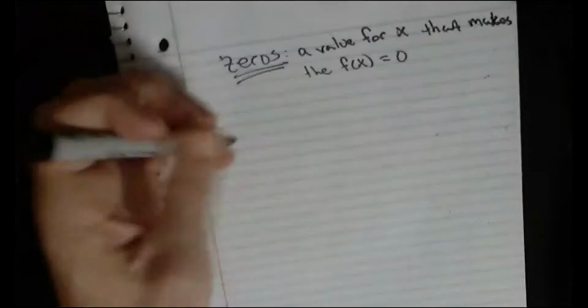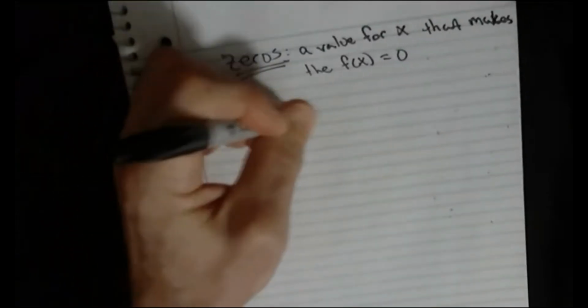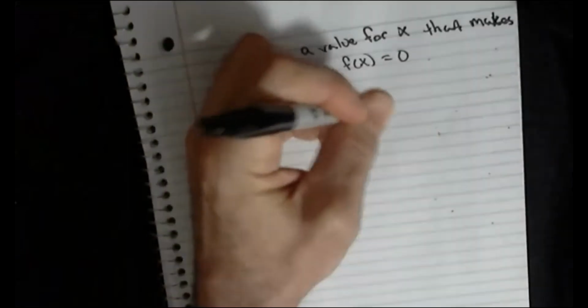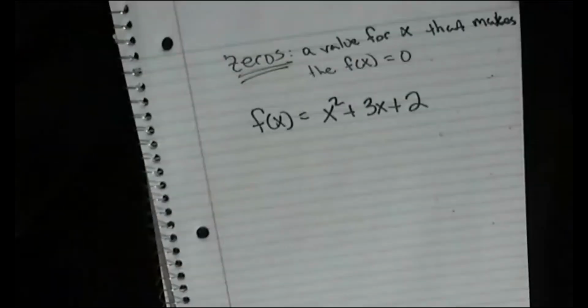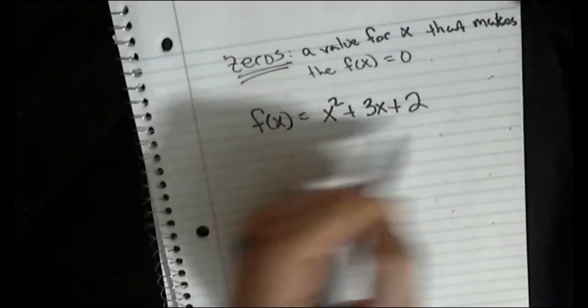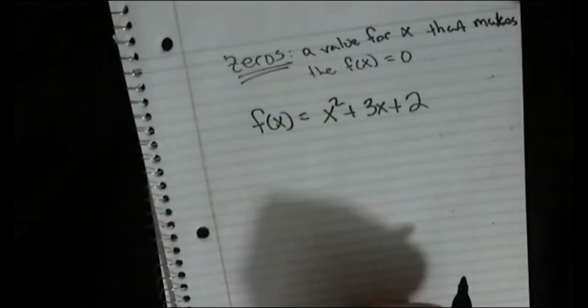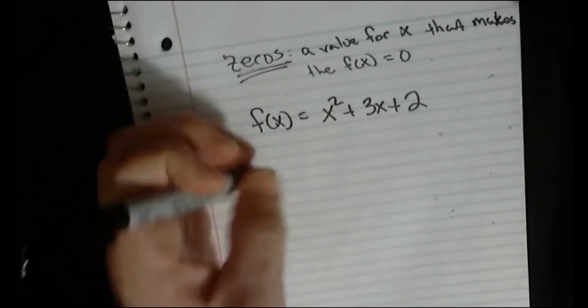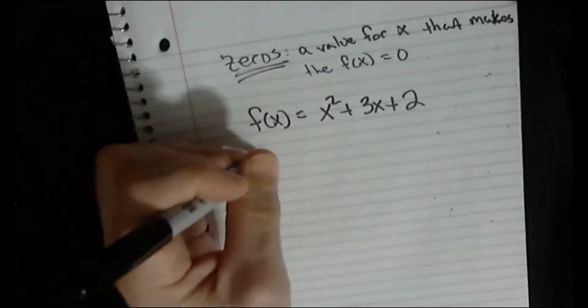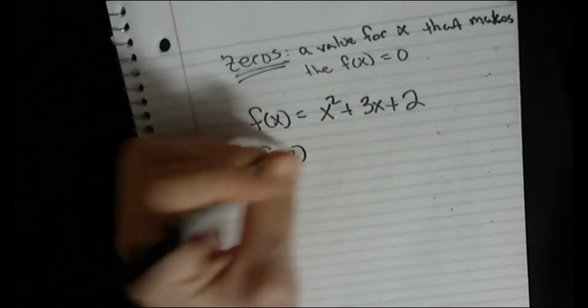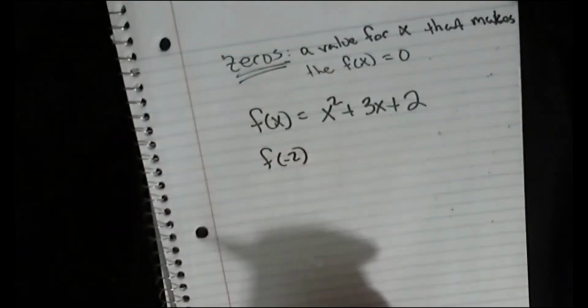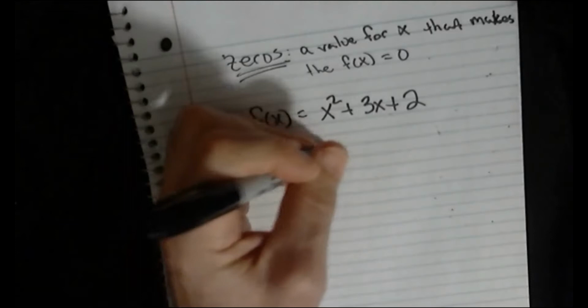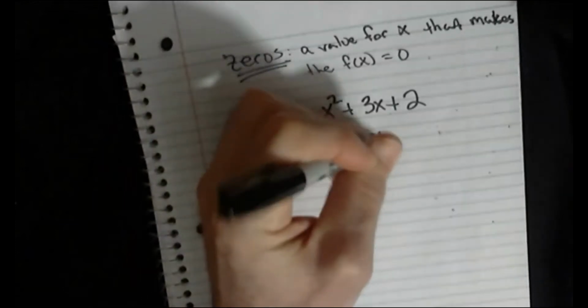Each of these things that we've been talking about has been some function of x. So any number I can plug in for x that makes this whole thing equal 0 is a 0. For example, if I told you to find f of -2, that means to plug -2 in for x.